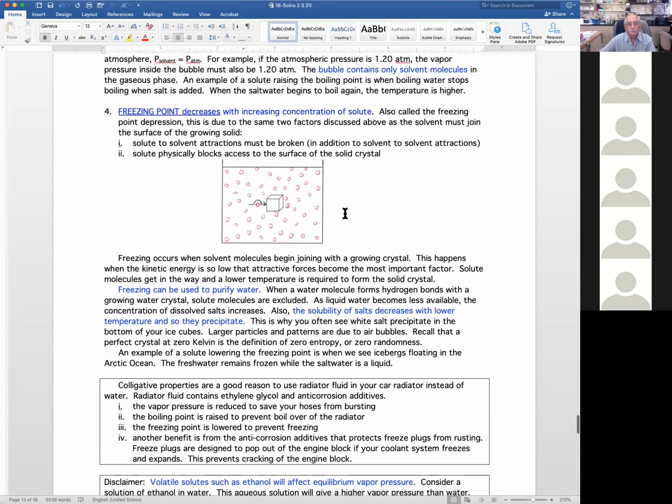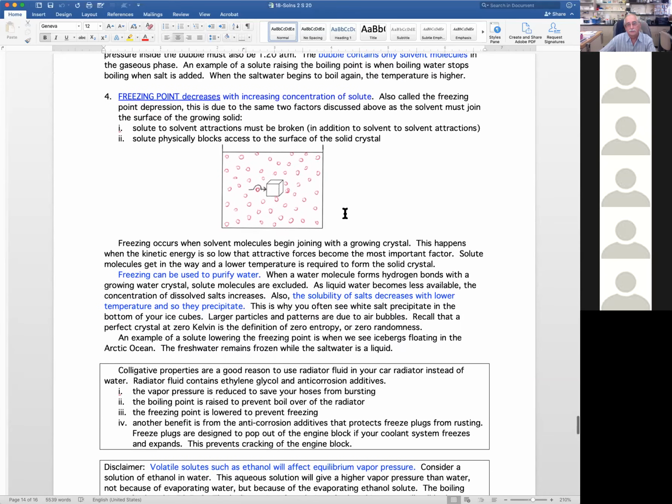And then the freezing point decreases. So which freezes more easily, fresh water or salt water? Fresh. Yeah, you've seen pictures of icebergs floating around in the ocean, right?